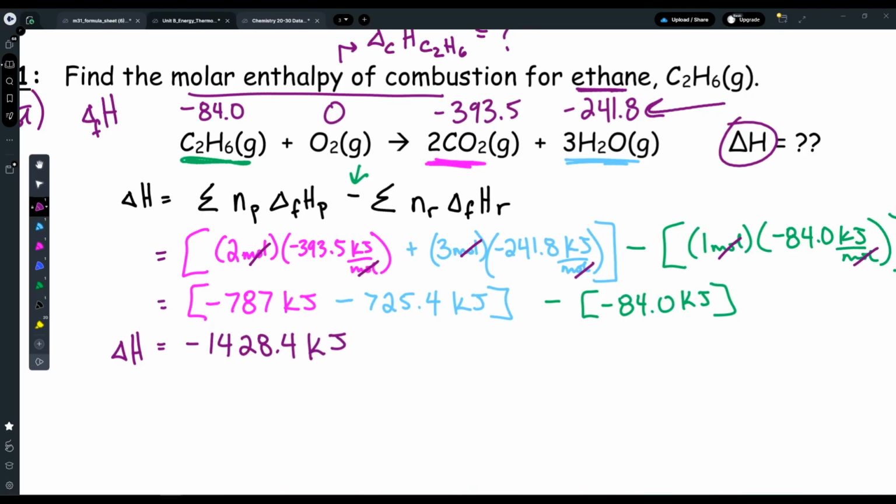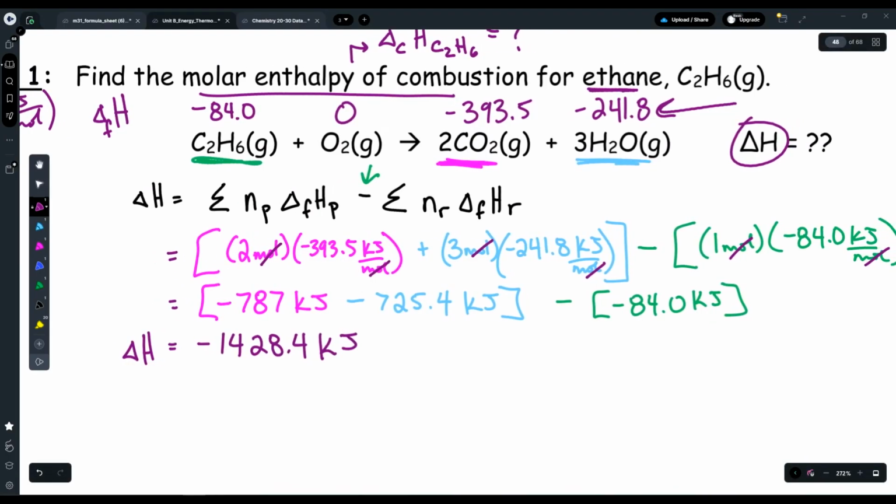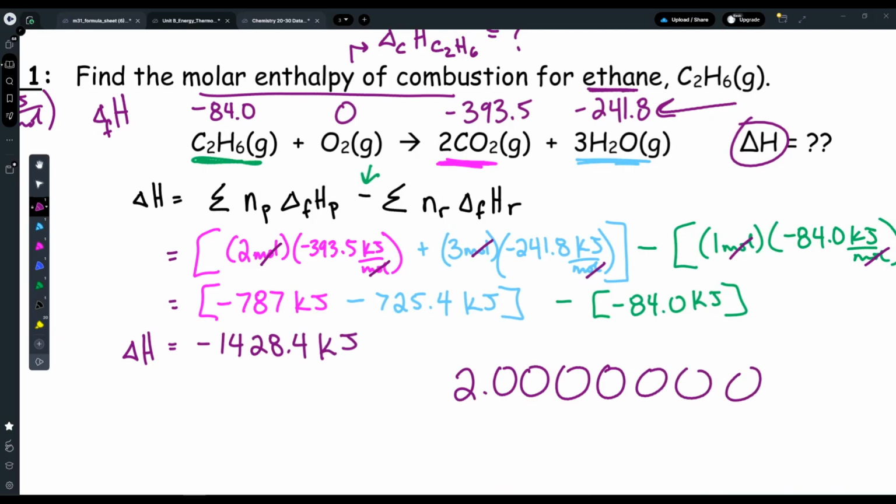The reason I'm not going to use my coefficients is that they have an infinite amount of SIGDIGs. The coefficients could be 2, or 2.0, or 2.00, and keep on going with an infinite amount of SIGDIGs. So that's why I'm not using the coefficients.